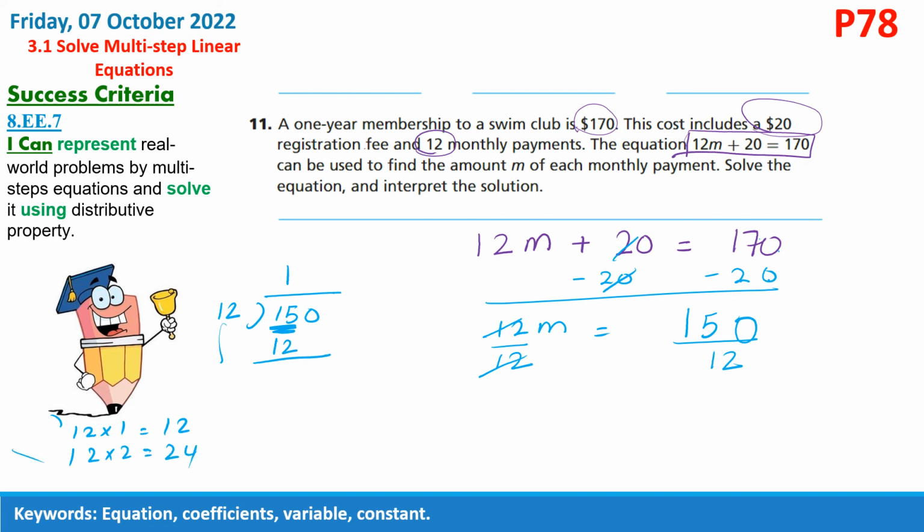So we don't take the bigger number; we always take the smaller number. So 12 times 1 is 12. 15 minus 12: 5 minus 2 is 3, 1 minus 1 is 0. Bring this 0 down. It becomes 30. Now we know 12 times 3 is 36, so better to take 12 times 2 is 24. So borrow 1 from the neighbor. Here left 2, and 10 minus 4 is 6.